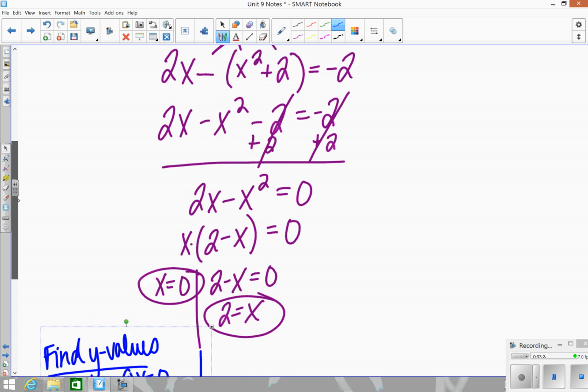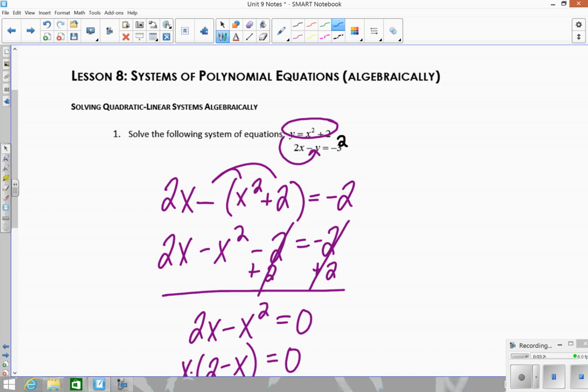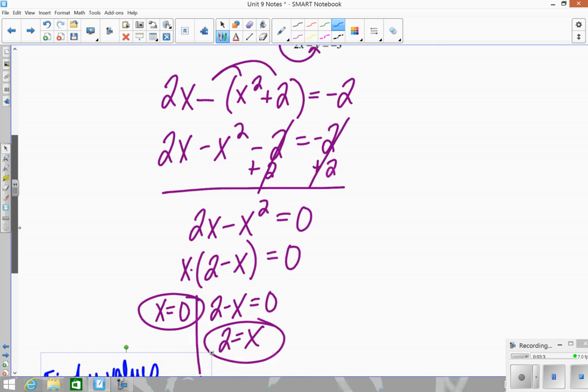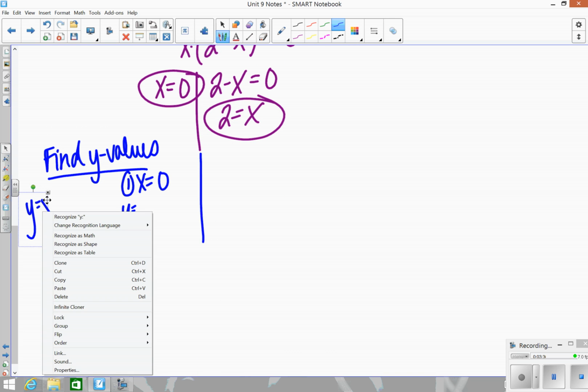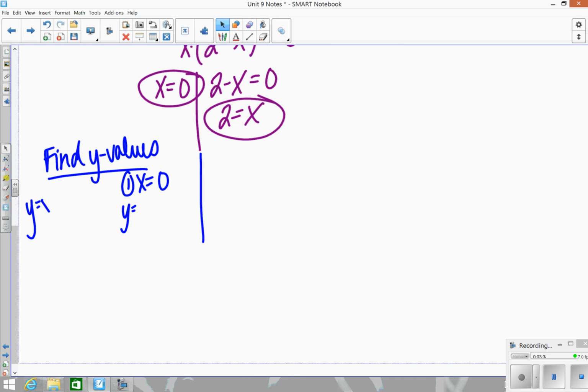So I'm going to go up to either one of the equations. It'll be easiest to use the first equation, but really you could use either of them. Let me just copy it down: y equals x squared plus 2.